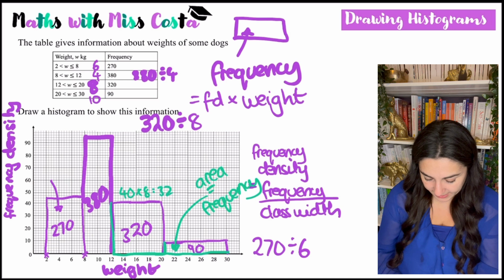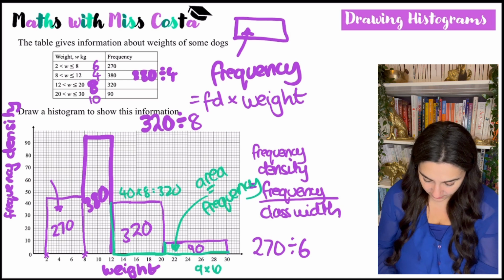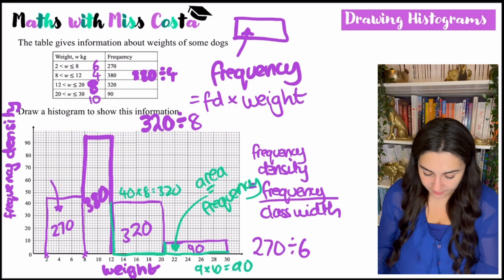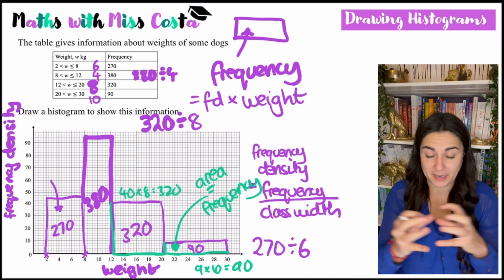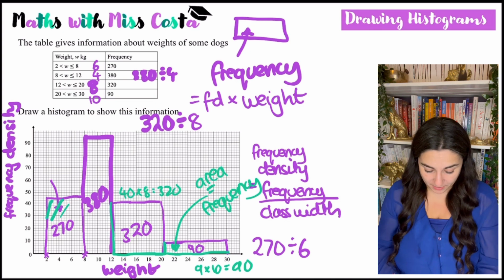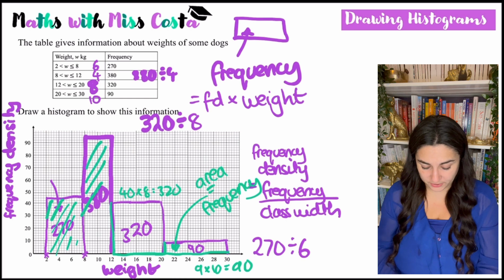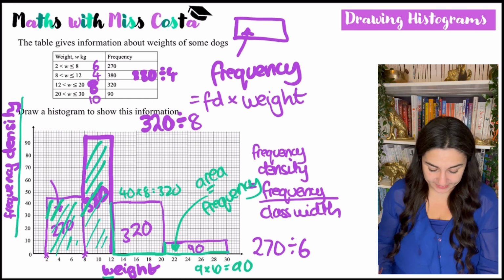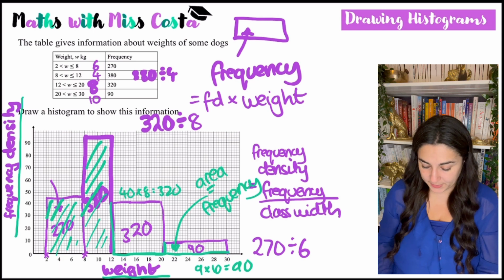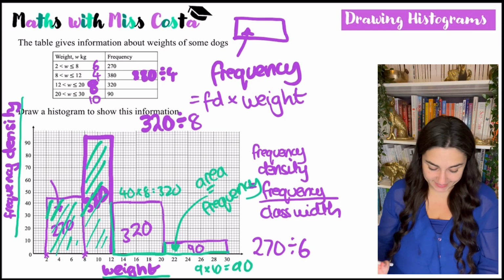So that's how you'd read a histogram. The frequency is the amount of people, and that is represented by the area of the bar you've drawn. Frequency density is what goes along the y-axis, and the continuous data goes along the x-axis.